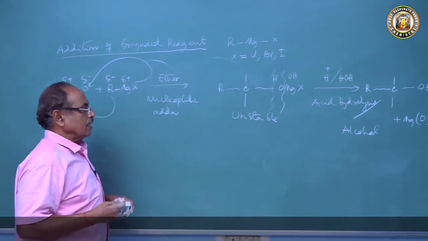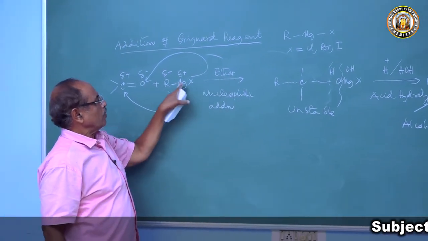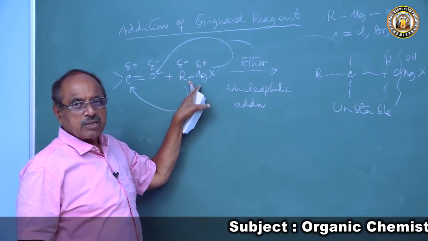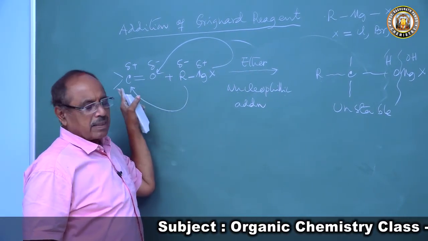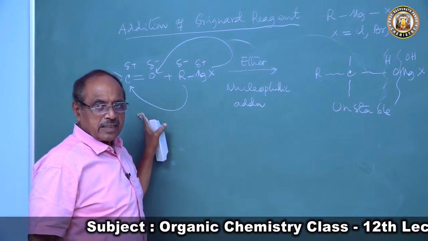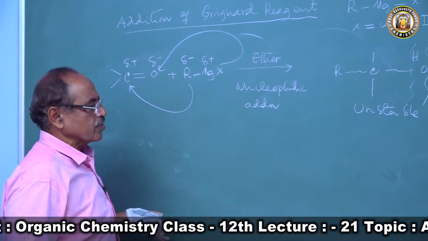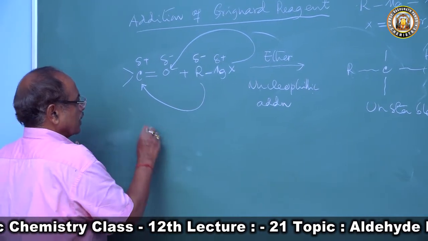Now we will take a known compound, CH3MgBr, methyl magnesium bromide, and we will take formaldehyde, acetaldehyde and acetone and write the reactions, so that it will be easy for us to sketch out. Formaldehyde, HCHO, has delta negative on oxygen and delta positive on carbon.